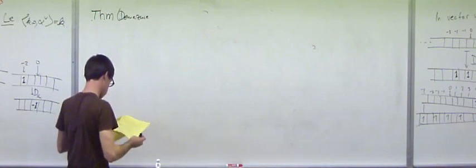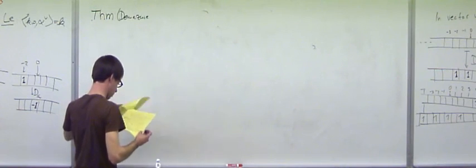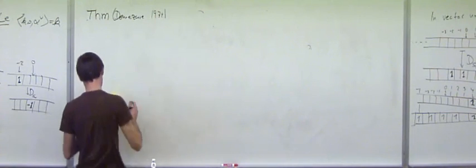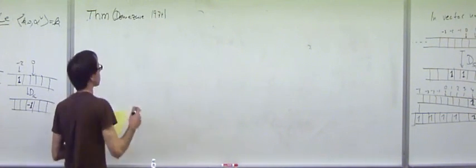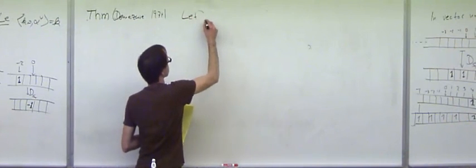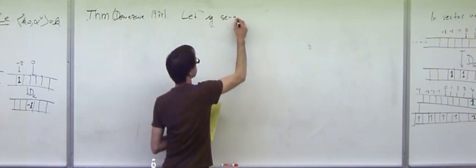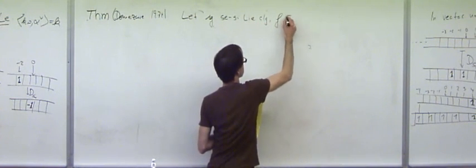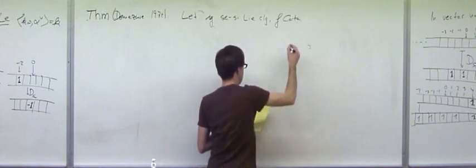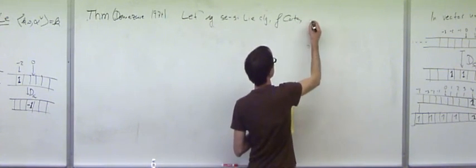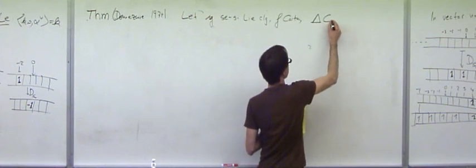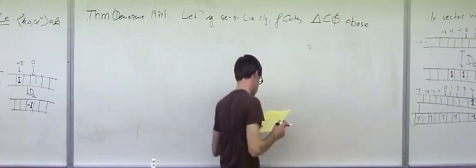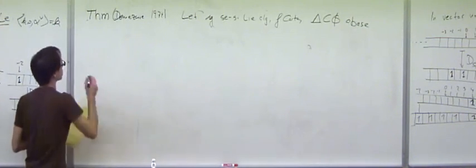So, well, of course, G is a semi-simple Lie algebra, H a Cartan, and then we need a base in the root system. Fix that.